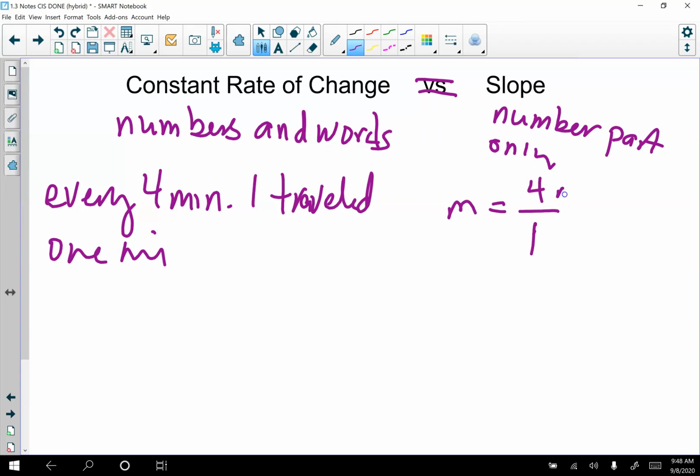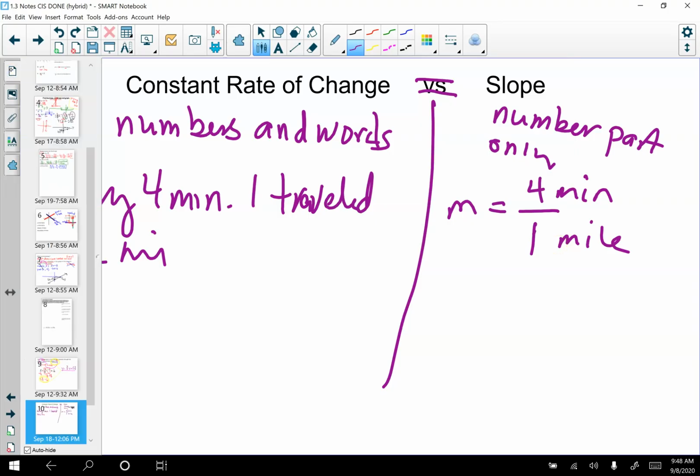Because this could have been minutes, or minutes per mile. I know it's kind of opposite of what you're thinking, miles per minute, but you could write it this way if this is what you're looking for. So notice they're the same, except this is just the numbers and this is the words of it. And you'll get to that when you get into like story problems.